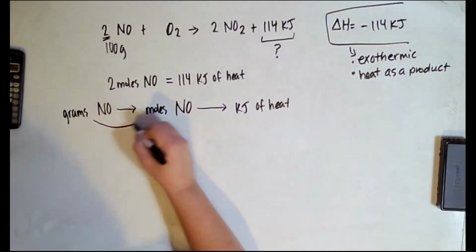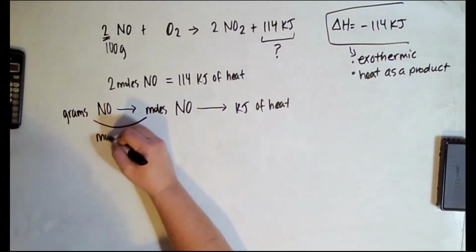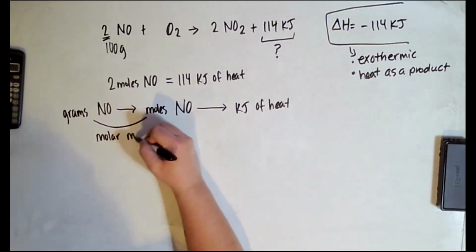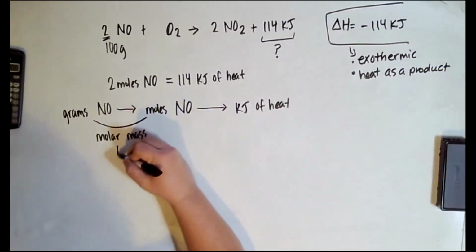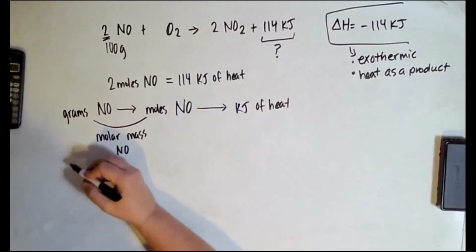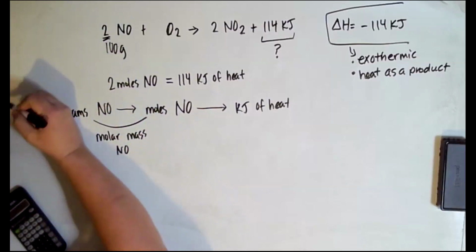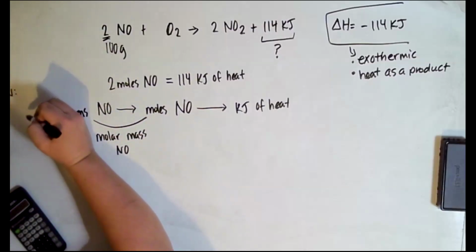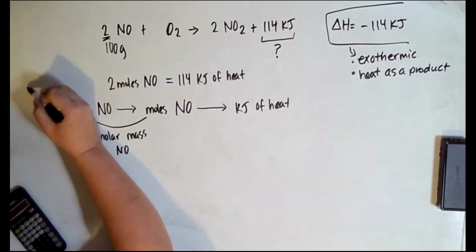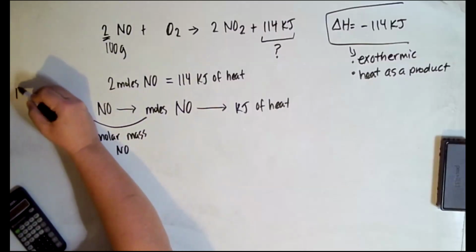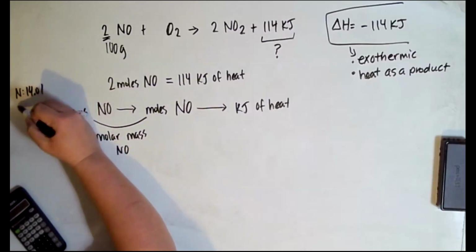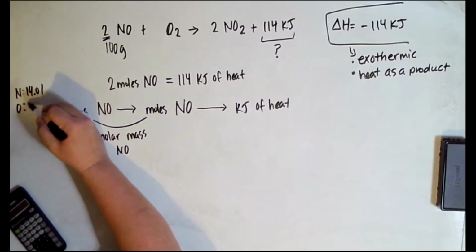Step 1 here, when we do our first conversion, we're going to use the molar mass of NO. So we need the molar mass of NO for that. Nitrogen is going to be 14.01. Oxygen, 16.